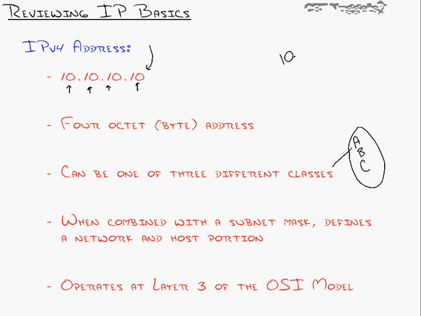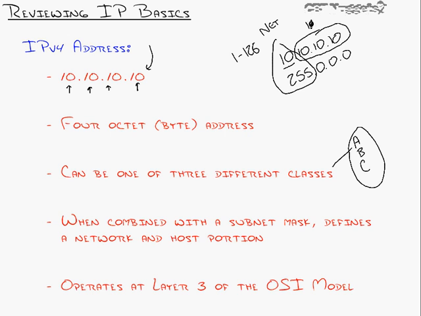So for example, if I had 10.10.10.10, and by default this is a class A address because the first number falls between 1 and 126, I know that by default it has a subnet mask of 255.0.0.0. So that tells me that this first 10 represents the network this host is on, and these last 3 tens represent the host that it is on that network.